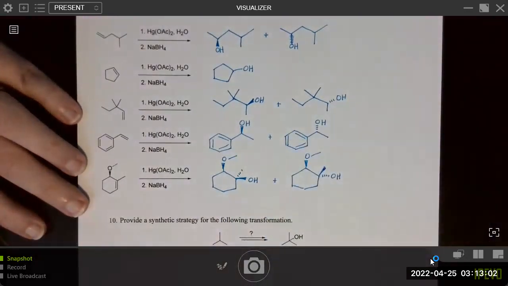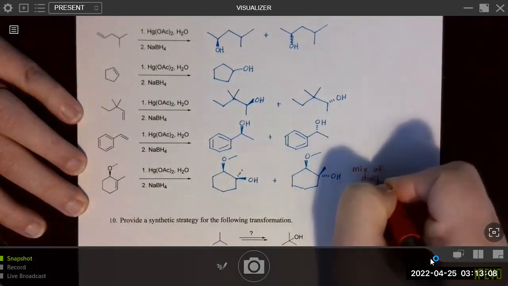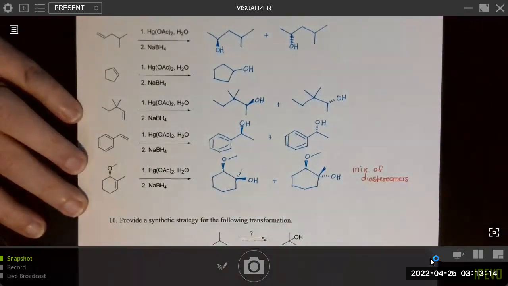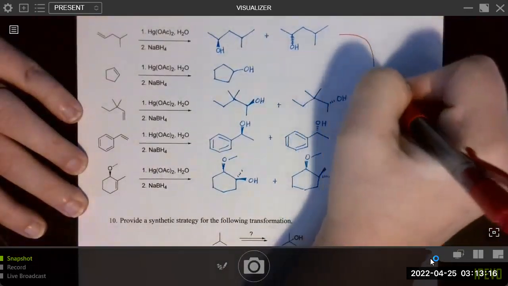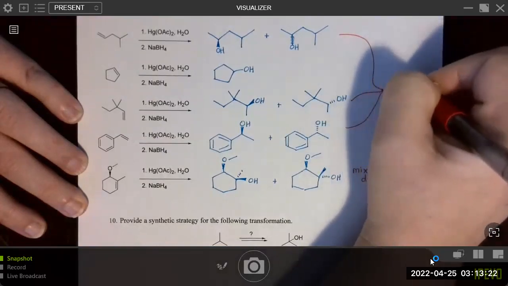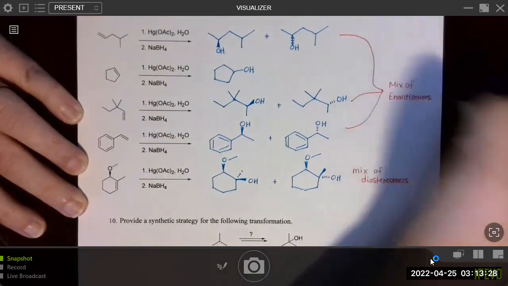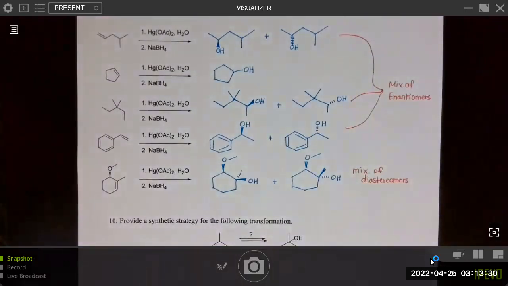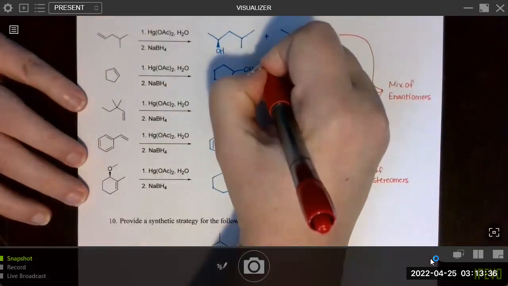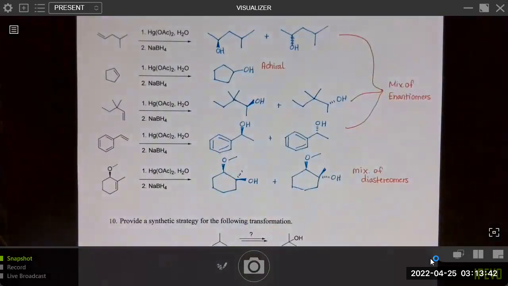Right, so in this case, we have a mixture of diastereomers because of the existing chiral center, whereas in these three, we ended up with a mixture of enantiomers with only one chiral center, the product of those. Right? And this one, there is an achiral product, so we don't need to consider any stereochemistry.